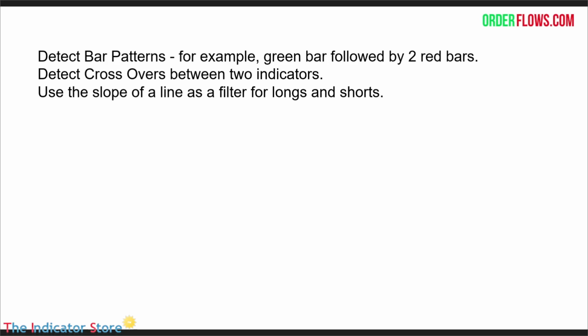Maybe say you want this moving average and that moving average, along with order flow, or VWAP. Say today's VWAP crosses yesterday's VWAP, and you're looking for trades in that direction, or use the slope of the line as a filter for longs and shorts.